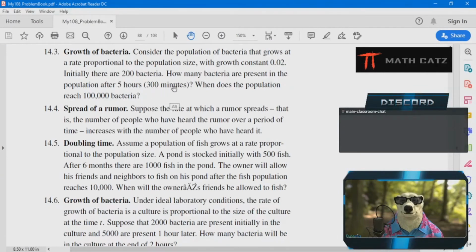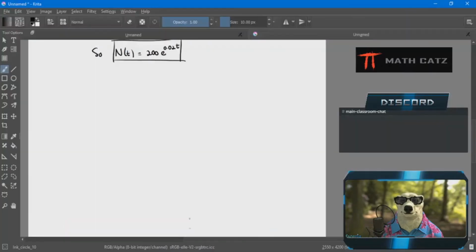And their first question is, how many bacteria are present in the population after 5 hours, 300 minutes? Now, they didn't say exactly what the time unit is, it's a first draft of this book. In this case, I'll just clarify that the time unit, I believe, is in minutes.